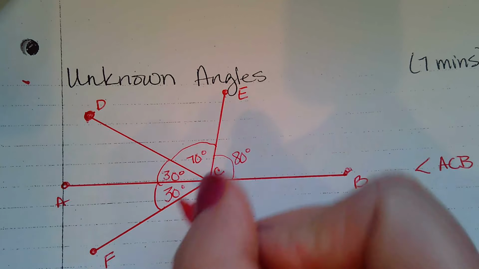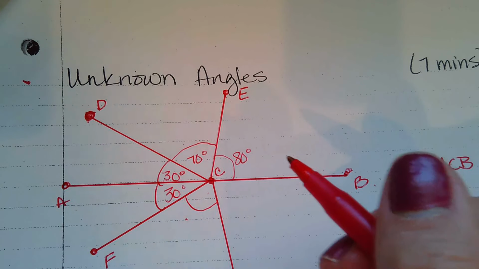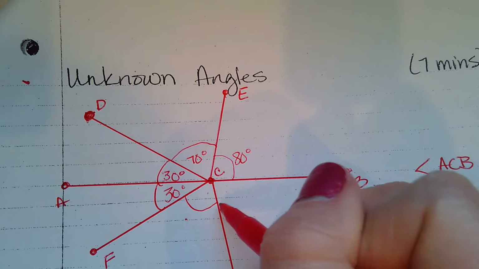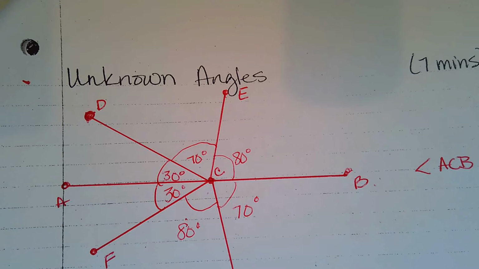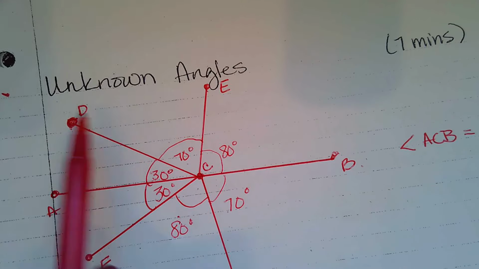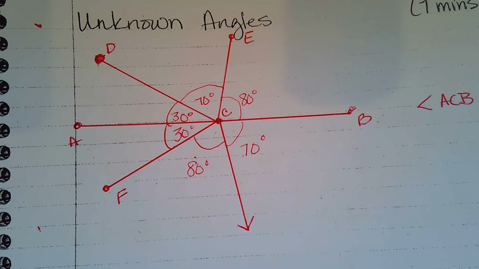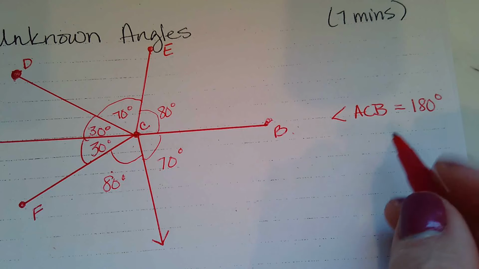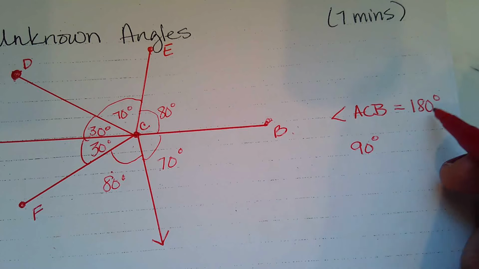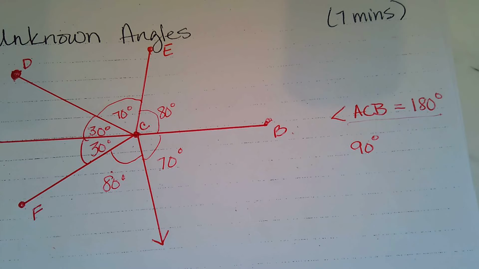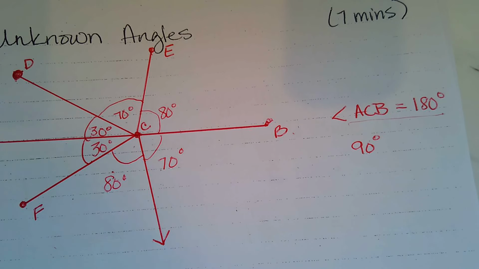Opposite angles are equal. So this would be 80 degrees, and then this one would be 70 degrees. That's how you figure out unknown angles. This is how you figure out what angle measures what. Go back to what you know about a 90-degree angle, and knowing that a straight line has to be 180 degrees. That's how you solve and figure out for unknown angles.